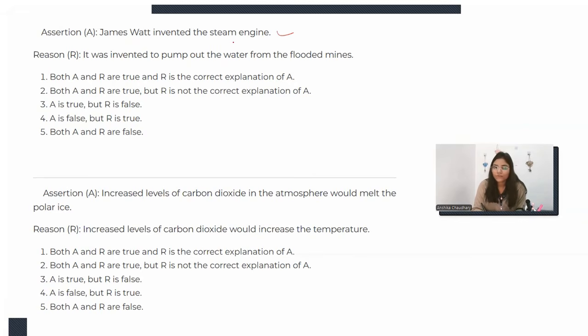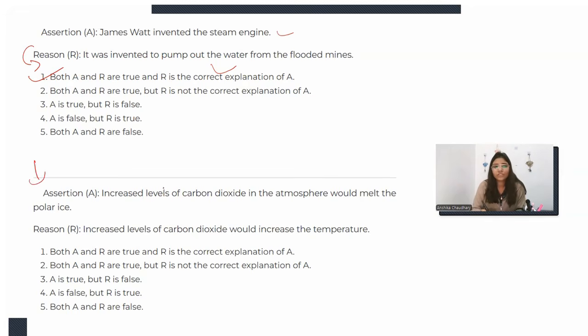James was the person who invented the steam engine, and that was the reason also, that it was invented for pumping out the water from the flooded mines, right? So here both the things are true. Both assertion and reason are true, and R is the correct explanation of A. That was the reason why the steam engine was invented, right? So it is the answer.